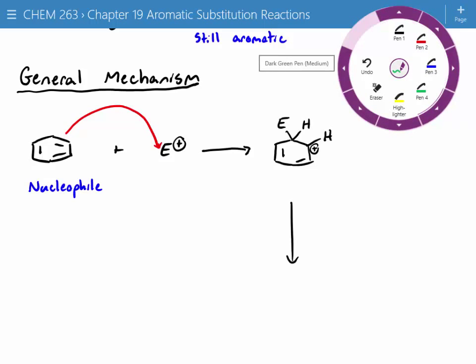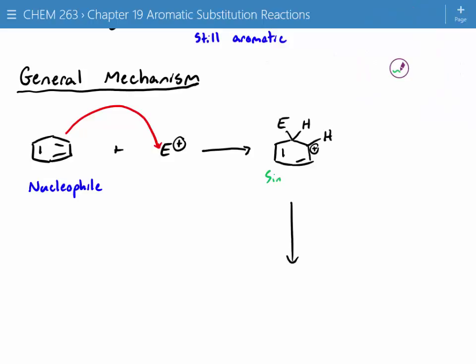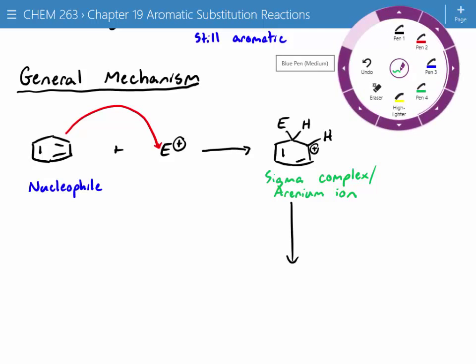It's either called a sigma complex, or oftentimes it's called an arenium ion. The key is we're going through an intermediate that's very unstable. It's got broken aromaticity and it's a carbocation.